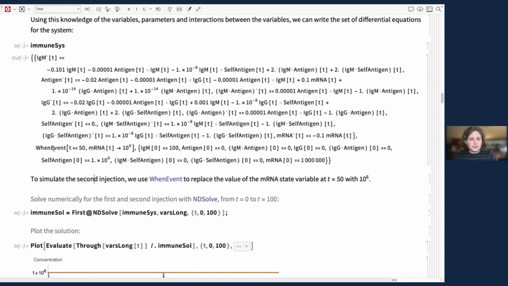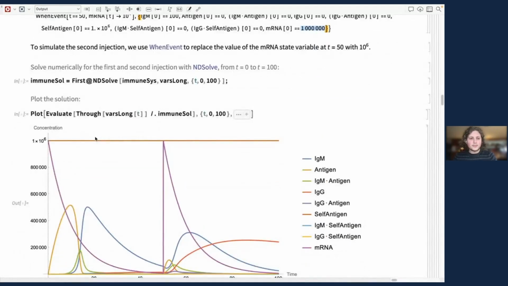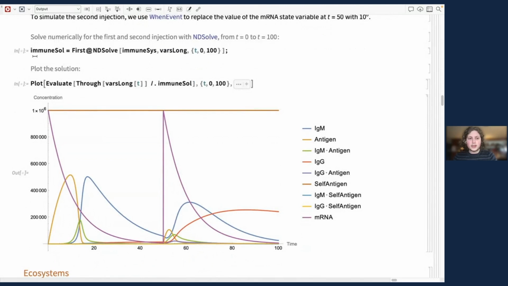And the first dose is here at the 0th time. We have a first dose. So we can then use NDSolve and feed it our system of differential equations and the names of our variables, and just ask it for a simulation from t equals 0 to t equals 100, and get the result.